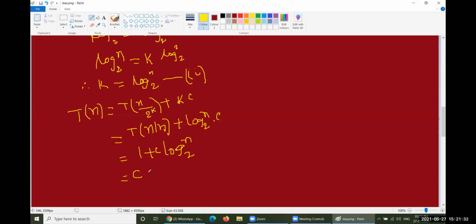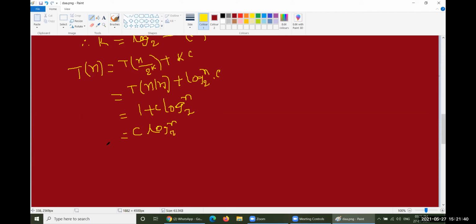So you get c into log base 2 of n as the value. c is a constant, so eliminate this constant also from this equation, so that you get T of n equal to log base 2 of n, which is also considered as big O of log base 2 of n.